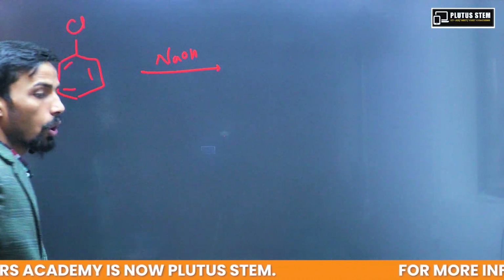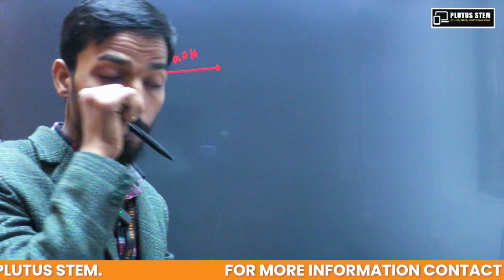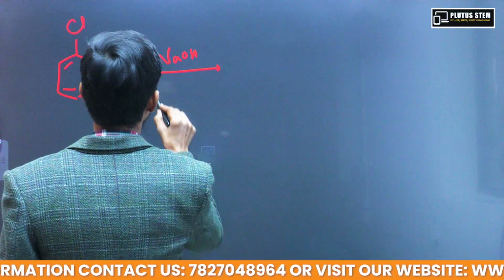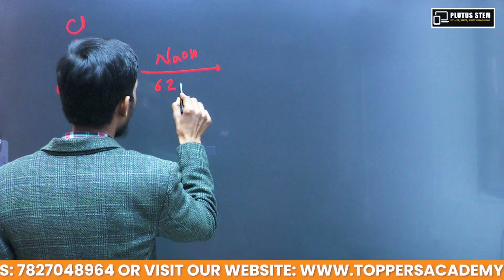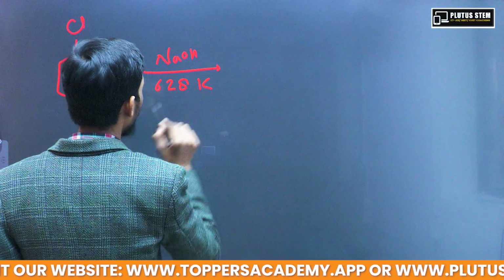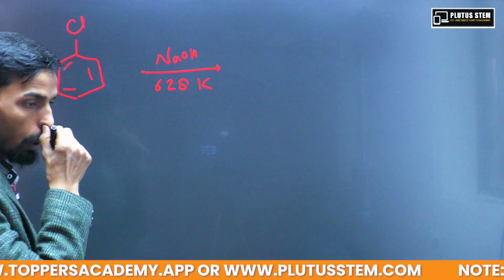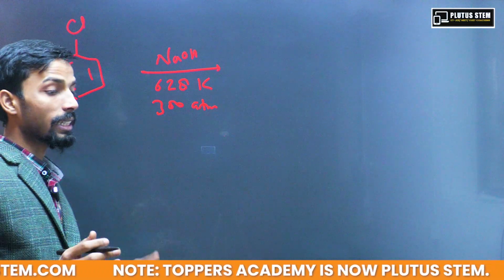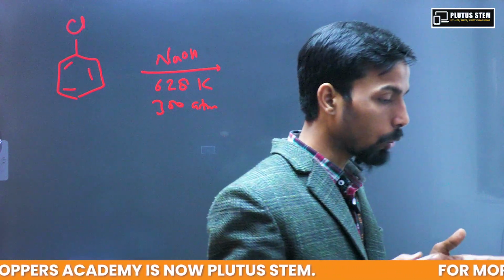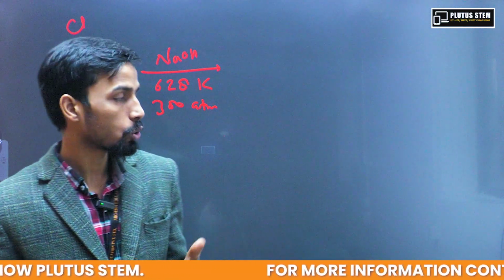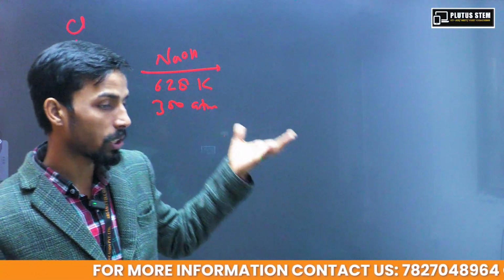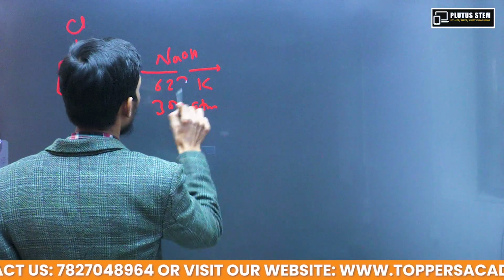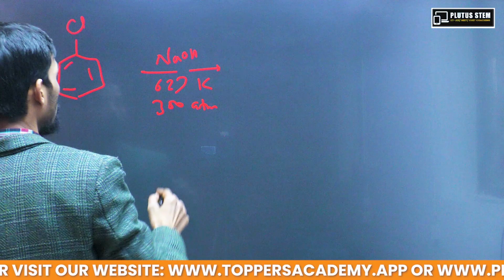This chlorobenzene is reacted with NaOH in the presence of temperature and pressure, nearly 628 Kelvin temperature and nearly 300 atmospheric pressure. These are the necessary conditions in which we provide aqueous NaOH at 623 or 628 Kelvin and 300 atmospheric pressure.